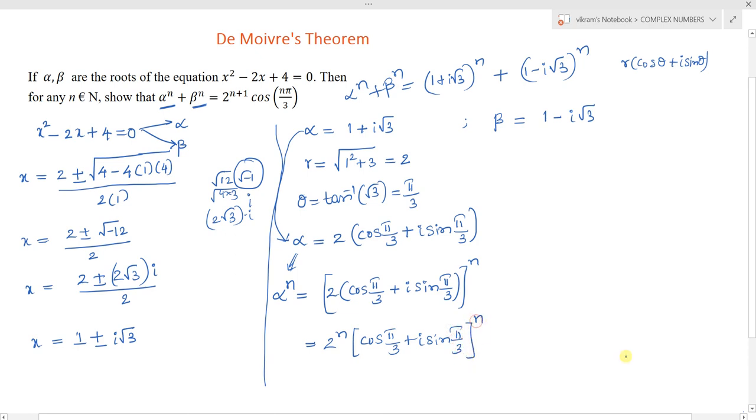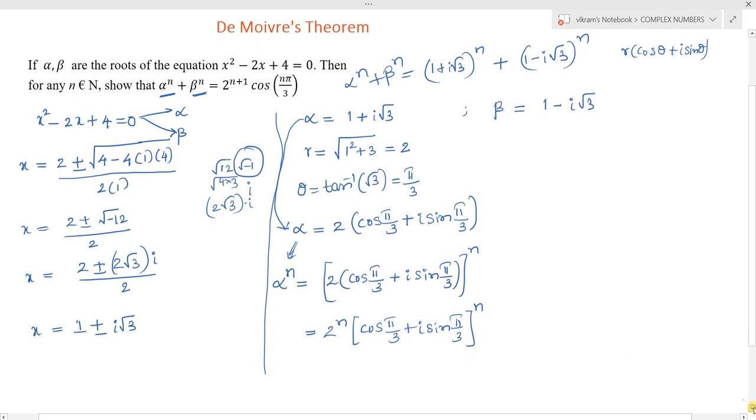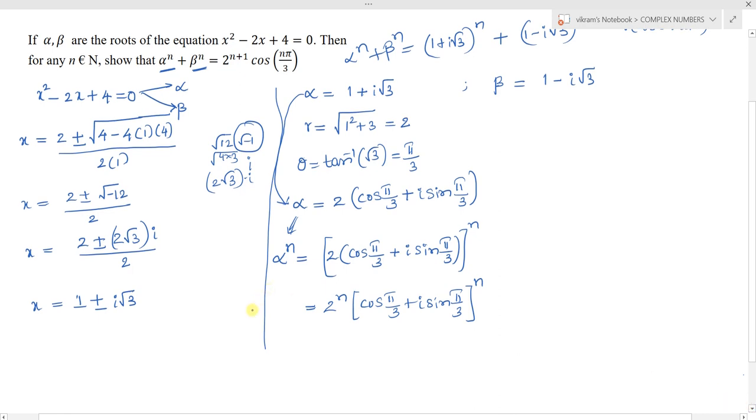Now here we can apply De Moivre's theorem. We can write this as 2 power n into cos n pi by 3 plus i times sin n pi by 3. So what is De Moivre's theorem? cos theta plus i sin theta whole power n equals cos n theta plus i sin n theta, which is alpha power n.